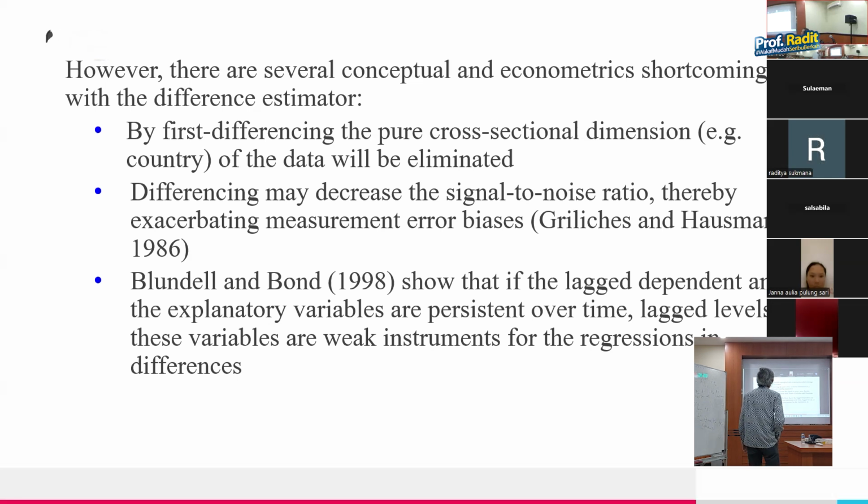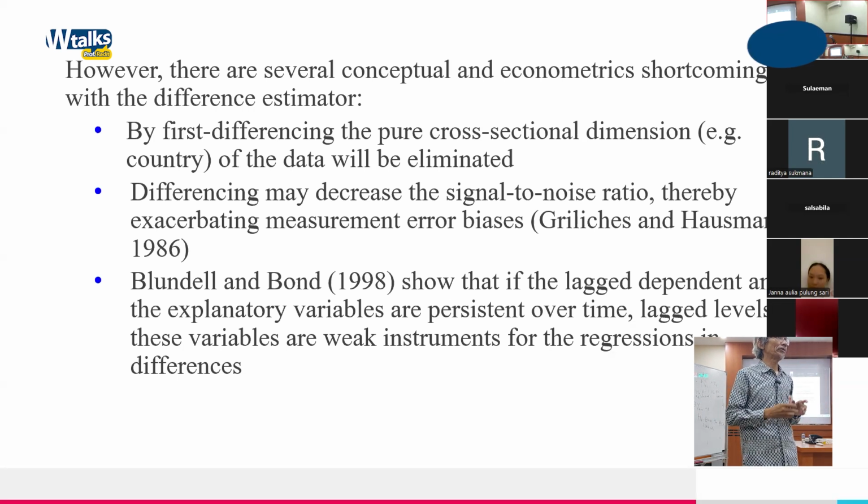And that's right. You have the problem of weak instruments, but the other problem that you have is basically this, right? When you take the first difference for you to make estimations, what do you do when you take the first difference? Remember one thing when you work with data.